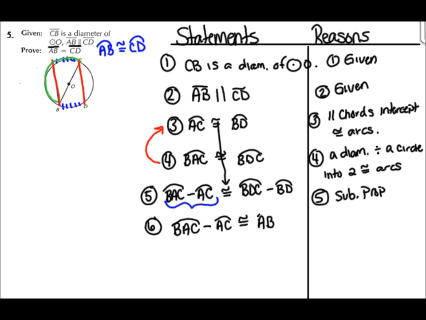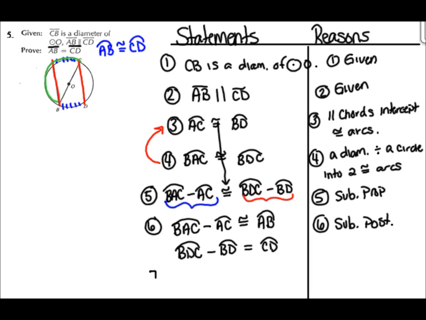And hopefully you're seeing arc AB. Now we have to go on the right-hand side of step 5 and say when I take arc BDC and subtract away arc BD, what's left? And looking at the picture, you should see arc CD is left. That is the subtraction postulate.